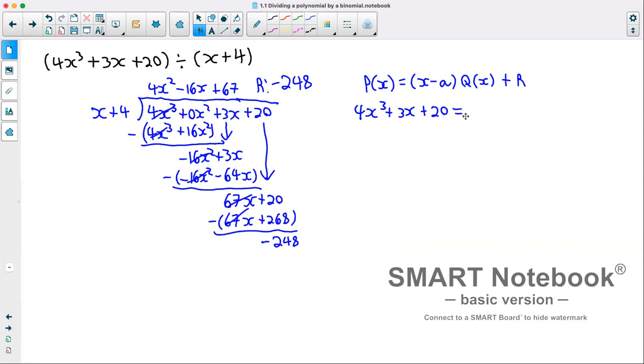And that's going to equal what we divide by, so x plus 4 times the quotient we got, which is 4x squared minus 16x plus 67. And then we have plus our remainder. Now, in this case, our remainder is negative. So if we add a negative number, that's just going to be the same as subtracting. So we have minus 248.